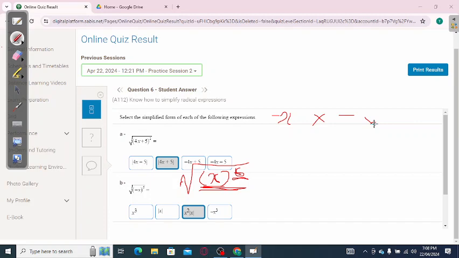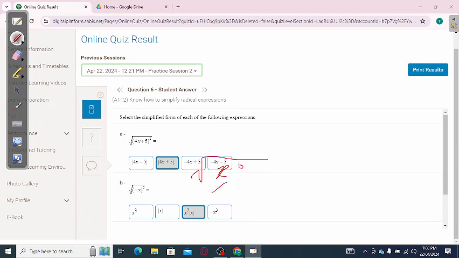Now, you would want to ideally make your life easy and just leave it like this. You're not going to have to write it x to the power of 4, x to the power of 2. Just put it positive. Okay, so this would be x to the power of 6.